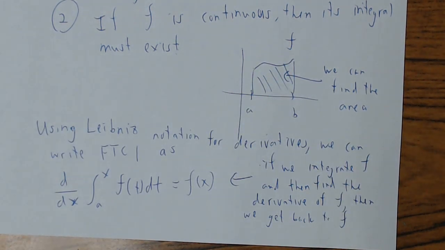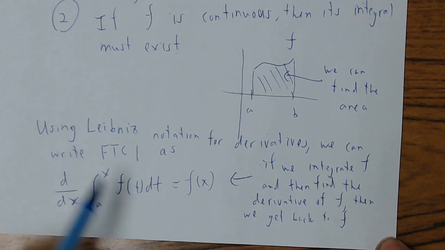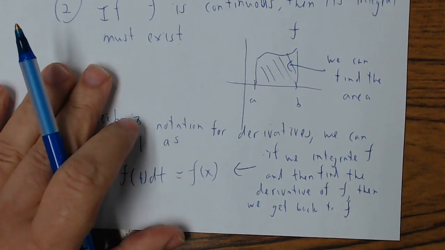The only thing that changes is, like I said, the t changes to x, which we're making a transition. And of course, a, remember, is a constant. So when I find the derivative of a constant, it just zeroes out. Okay, so let's look at the next couple of examples, and then that'll do it.